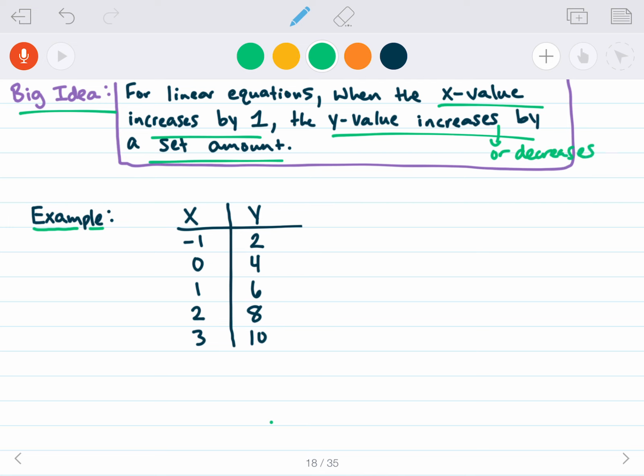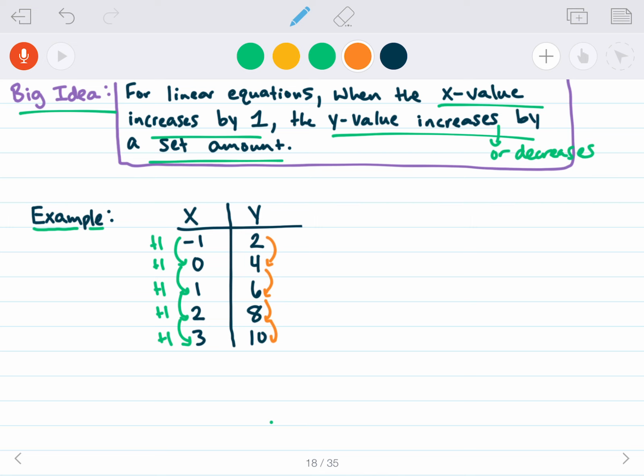So for instance, if we look at these x values, notice that from each x value to the next, we're always increasing by 1. Can you spot a pattern with the corresponding y values? What is happening as we move down the y chart?